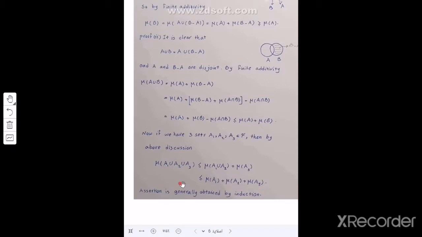We see that part B holds for three subsets of omega. The assertion for k sets is generally obtained by induction, and it is easy.